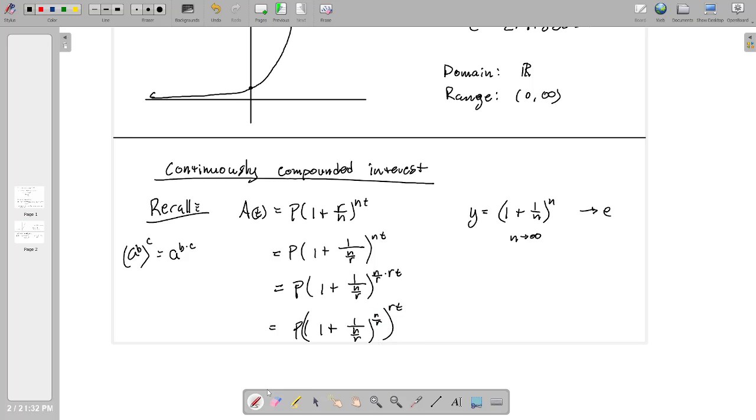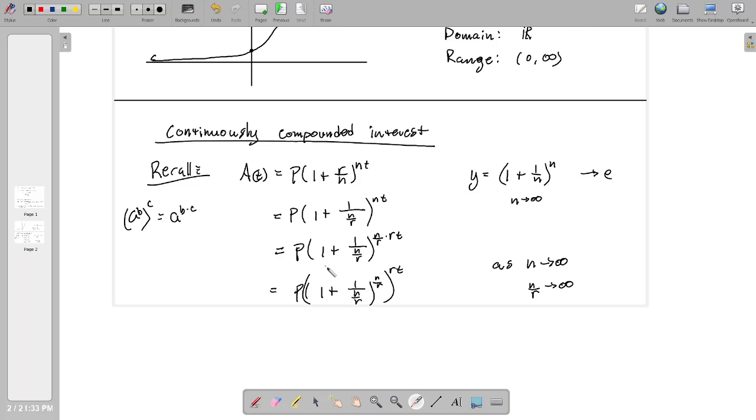The same variables. r is fixed here. So as n goes to infinity, n over r is also going to infinity because r is fixed. Remember, it represents the annual interest rate. So it's fixed at some value. Now, as n goes to infinity, this term will be going to infinity slower, but because it's going to infinity, this term will eventually be approaching infinity as well.